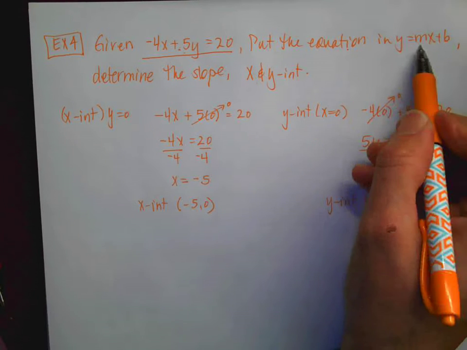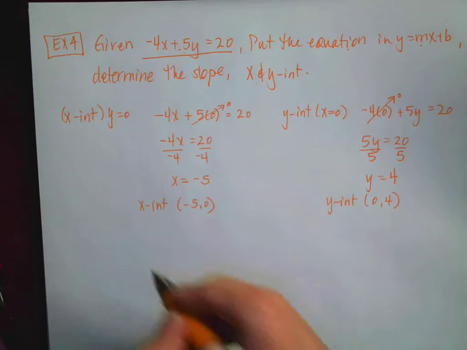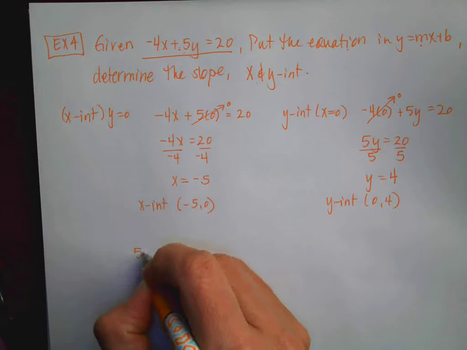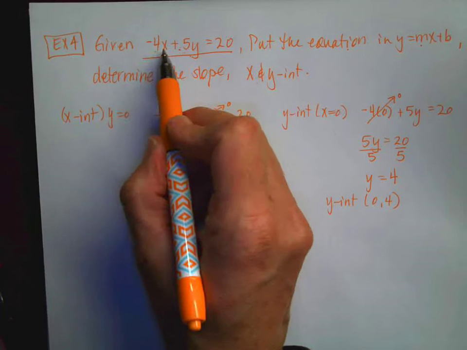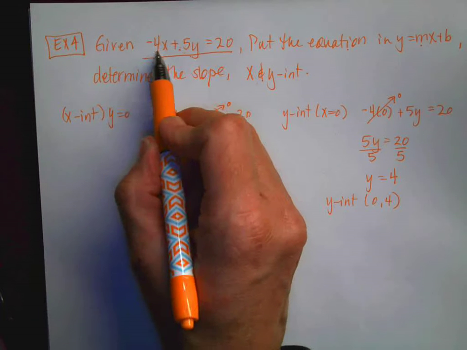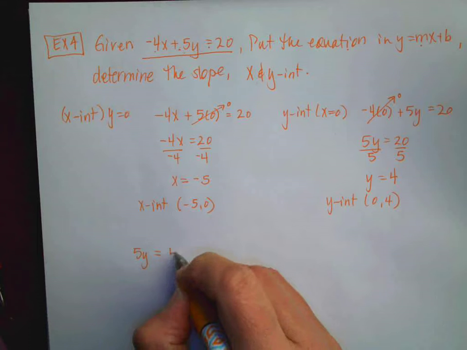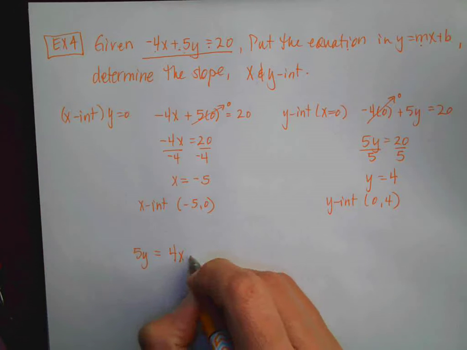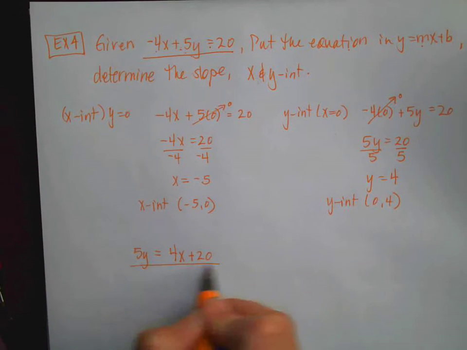So the last thing that I'm going to do is put the equation in y equals mx plus b. So that means I need to solve this equation for y. So I'm going to get 5y equals, I take this to the other side. When a value or an expression crosses the equal sign, it becomes positive. So this is going to become 4x and then plus 20.